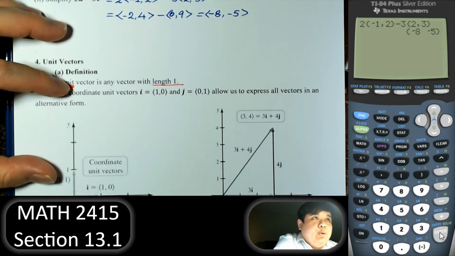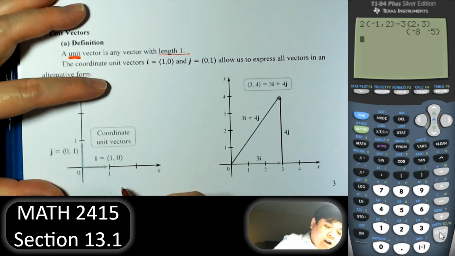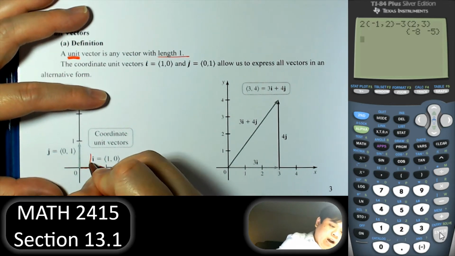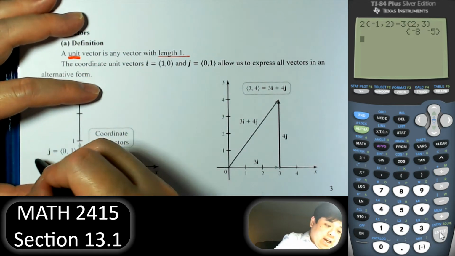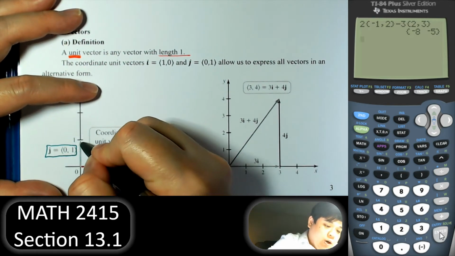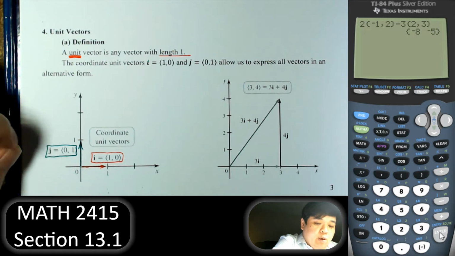The coordinates of the unit vectors: we define i in the x component, the length equal to 1, as 1 and 0. And then j is the vector pointing in the positive y-axis, will be 0 and 1 for j.